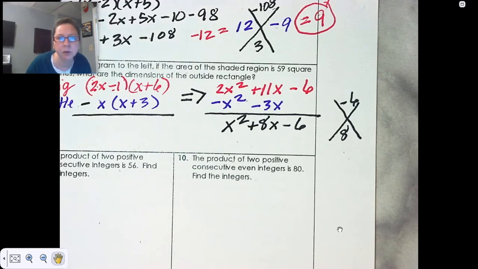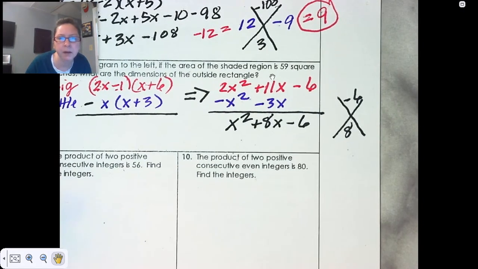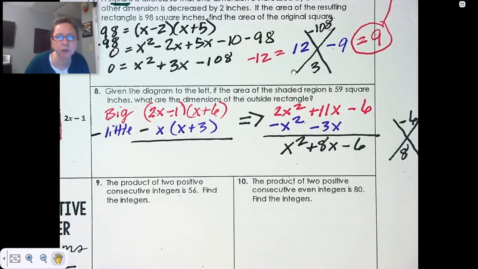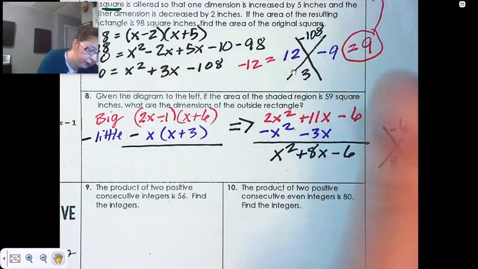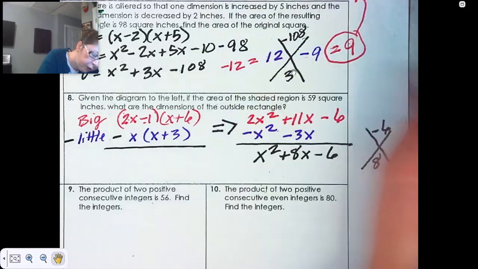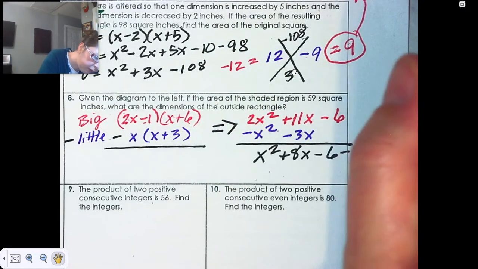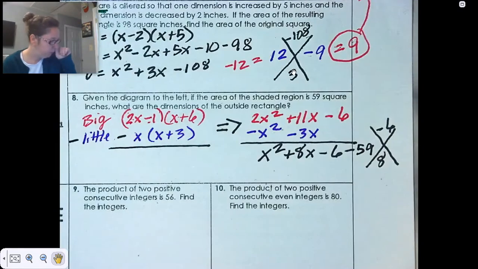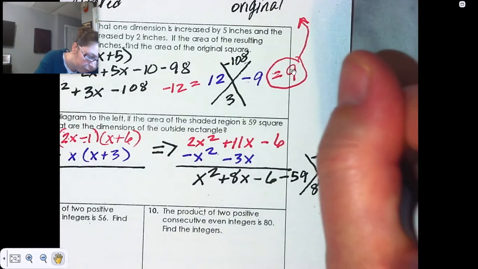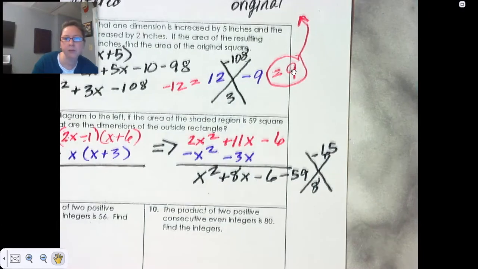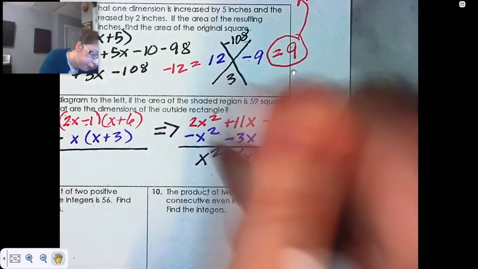I forgot to include that the area of the shaded region is 59 square inches. So this actually equals 59. So I need to subtract 59 from this as well. So negative 6 minus 59 will give me a negative 65. Okay, so I have fixed that now.